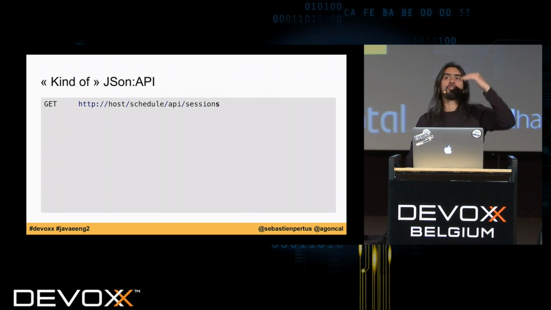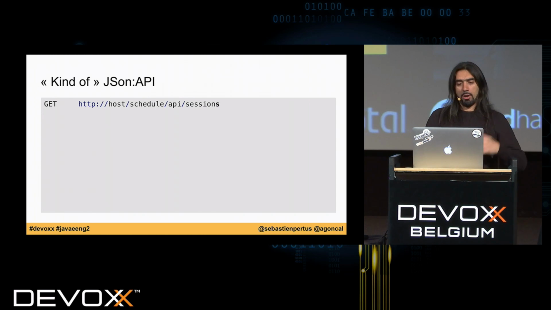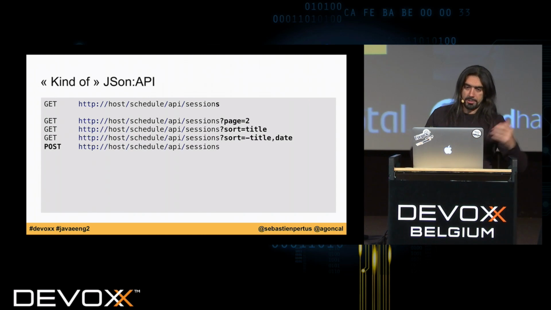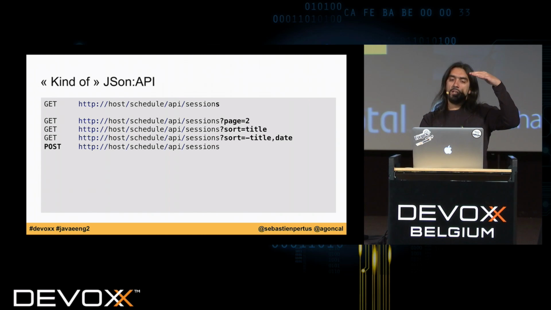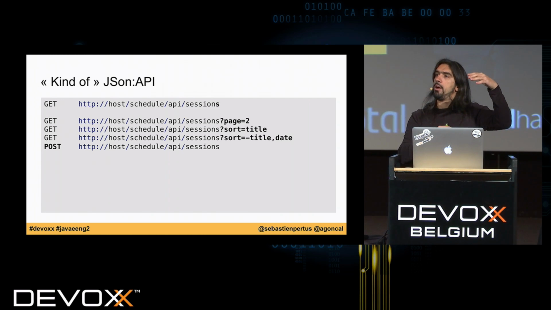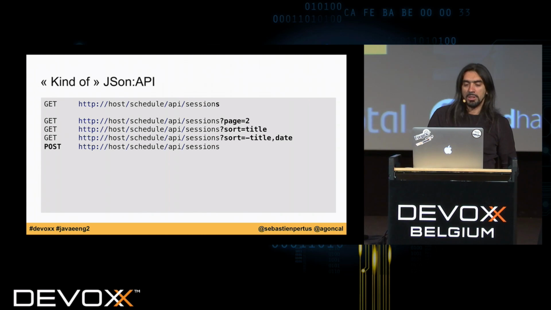It just gives you a chunk of 20. So then comes the question, okay, but if you give me only 20 sessions, how do I get the second 20 and the third and the fourth? So JSON API just gives this idea of page, and you put a page number.